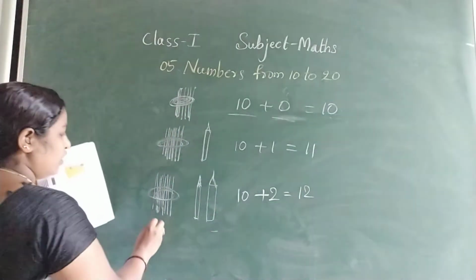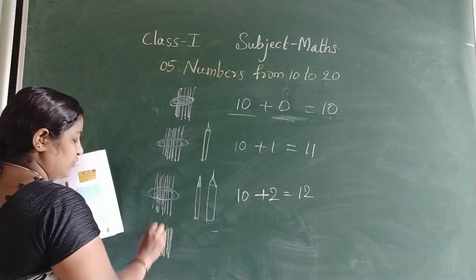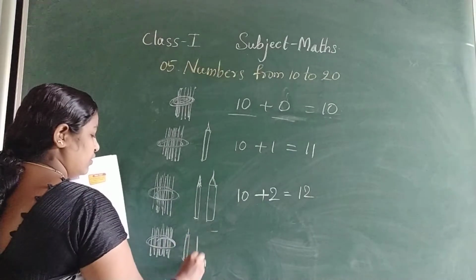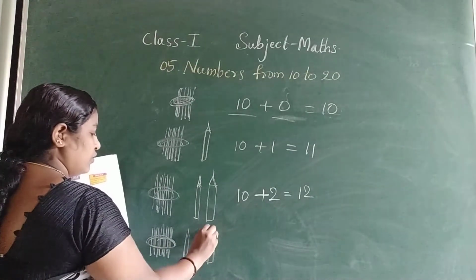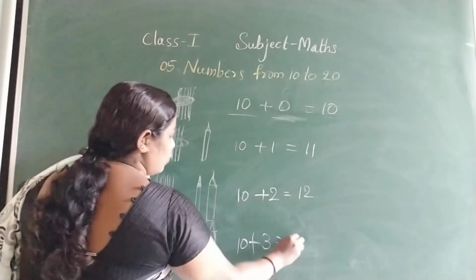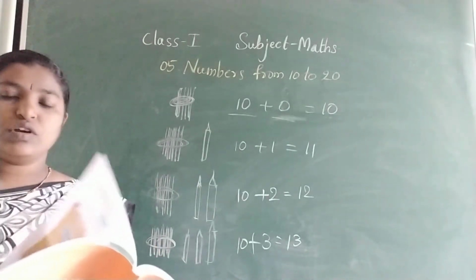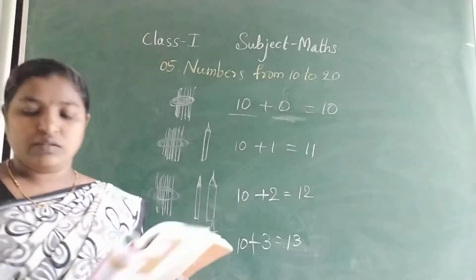Next, again one bundle plus 3 pencils. 10 plus 3 is equal to 13 is the answer. So write in your textbook. Turn the page. Come to the next one.